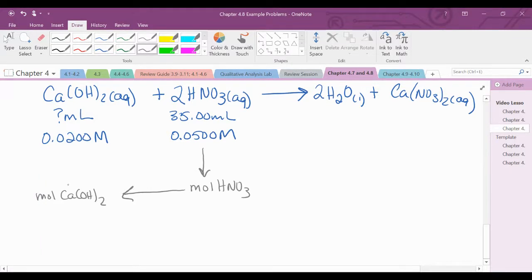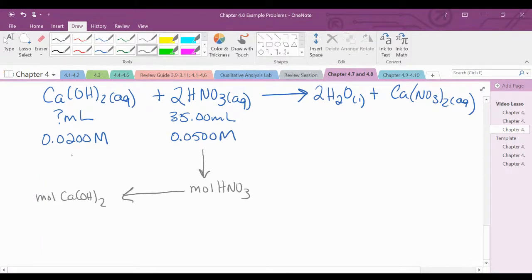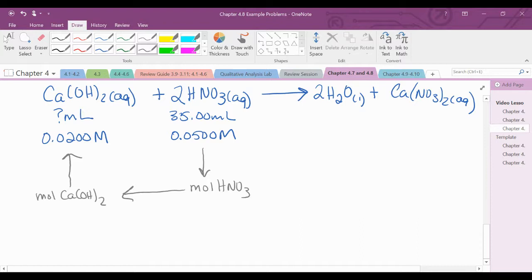And then from moles of calcium hydroxide, I can convert to the volume of calcium hydroxide using the molarity. So I'm going to start with my volume of nitric acid, my 35 milliliters of nitric acid.